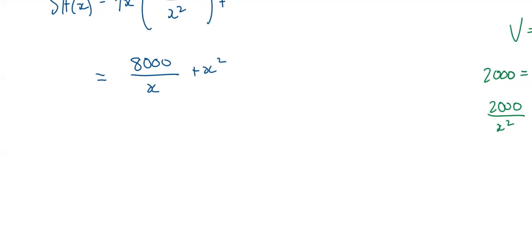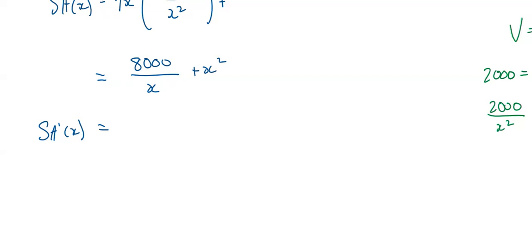What do you think? We good so far? Happy with this? So what are we going to do now? We're trying to find where this is minimized. We're looking at the derivative of the function. This is the function for surface area. We need the derivative. So go ahead and see if you can find the derivative.